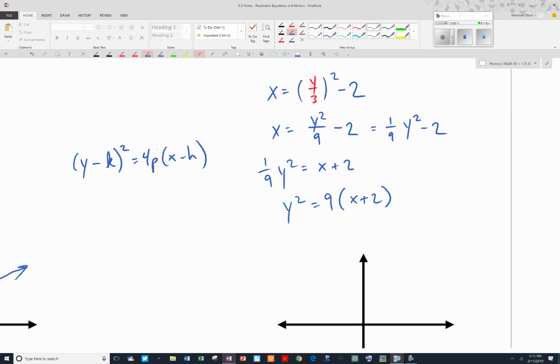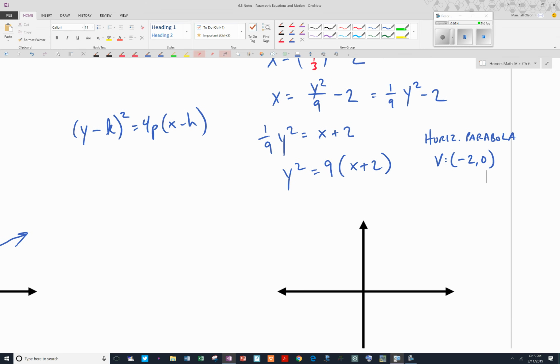So this is actually in the form of a horizontal parabola whose vertex is -2, because of the +2 right there, comma 0, because there's no k value. So I'm going to write that here. This is a horizontal parabola. And we know that the vertex is (-2, 0).